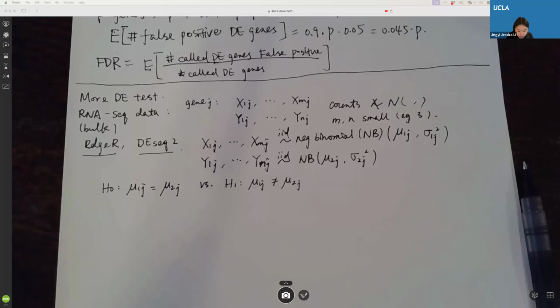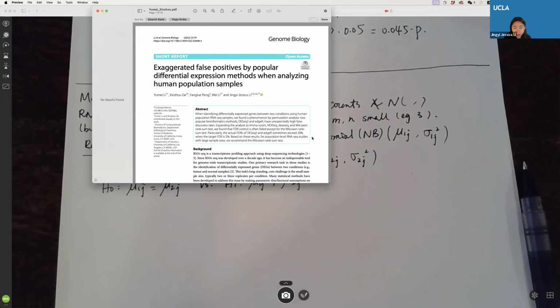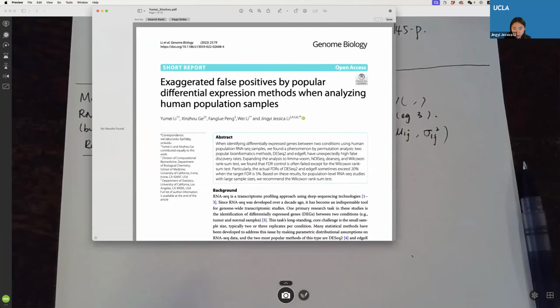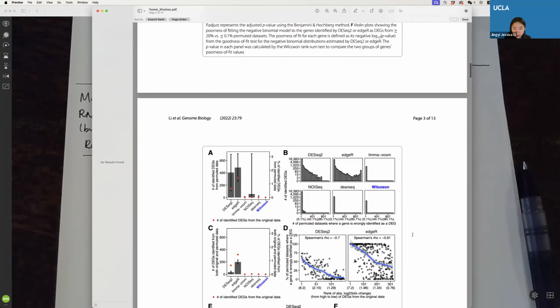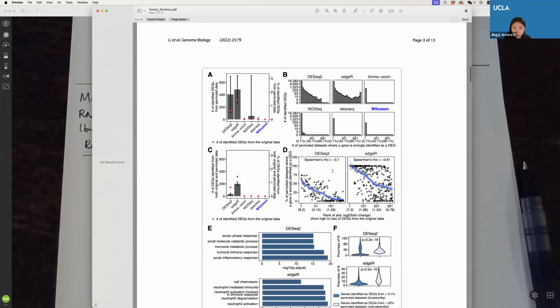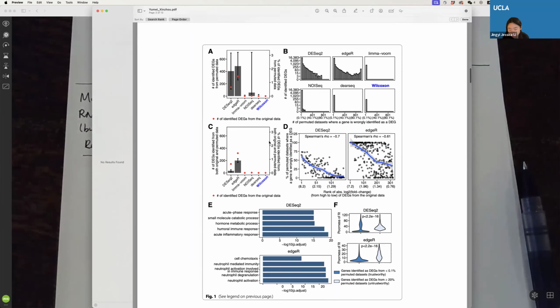In our paper, it is a different situation because we are looking at patient data. So this is our paper. We're looking at patient samples, and the sample sizes are pretty big. For example, in this first figure, the sample sizes are actually 51 and 58 under the two conditions.